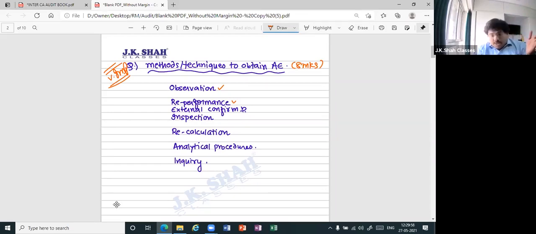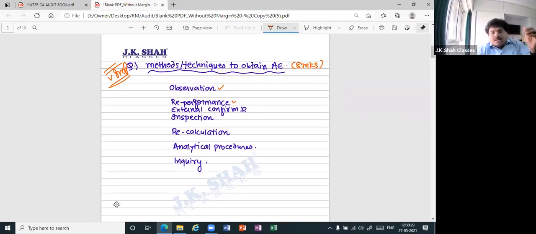Oh, acha. Now use common sense. Management checked the ICS on their own and told the auditor. Will the auditor rely blindly? No. Obviously the auditor will have to verify himself also whether the ICS is actually efficient or not. So something which is already checked by the management, can the auditor again check to verify? Yes. When he again checks to verify, that is known as reperformance. But why is he doing reperformance? To get information. Information is what? Audit evidence.